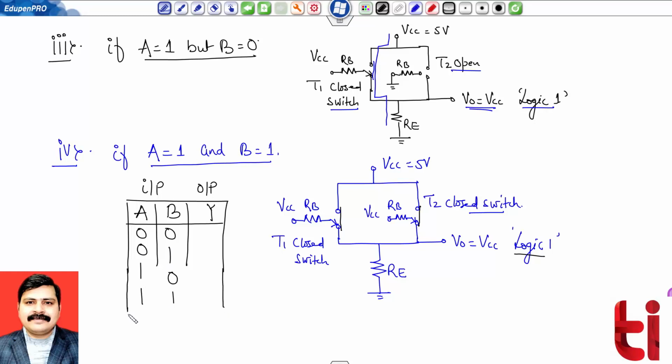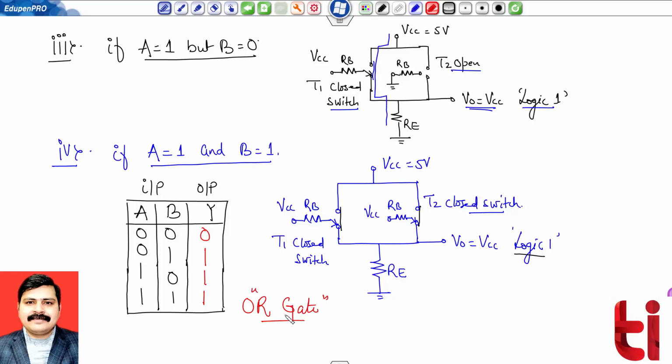Putting the output values, when both are 0 0, my output was 0. However, for all other cases, it is at logic 1. You can check, this is the functionality of my OR gate.